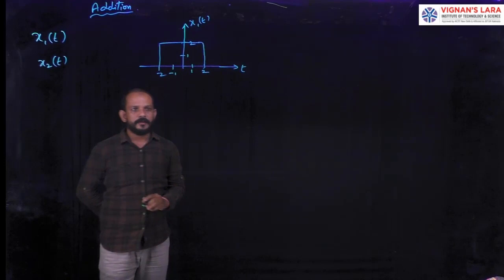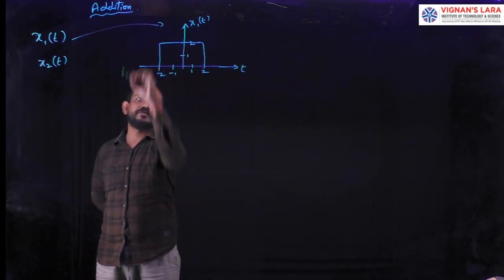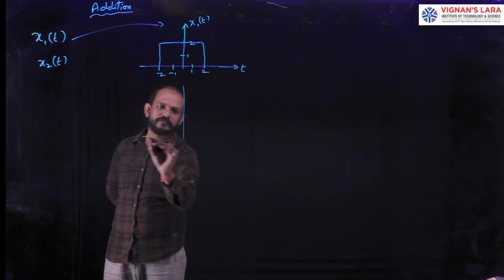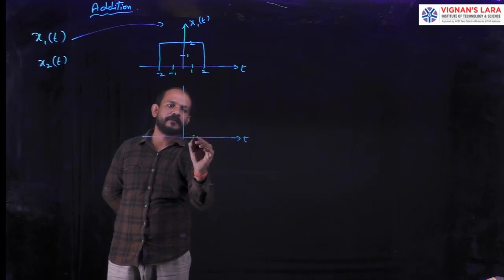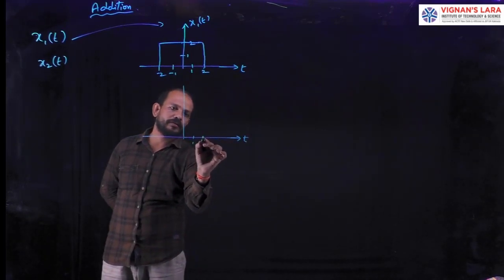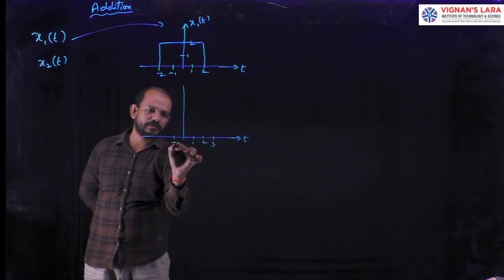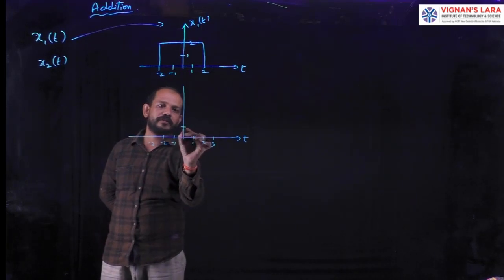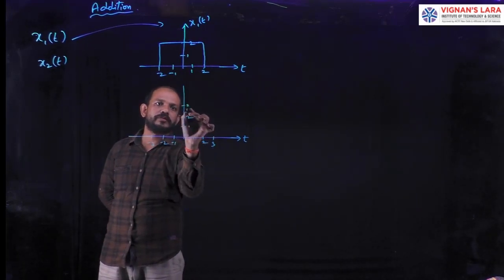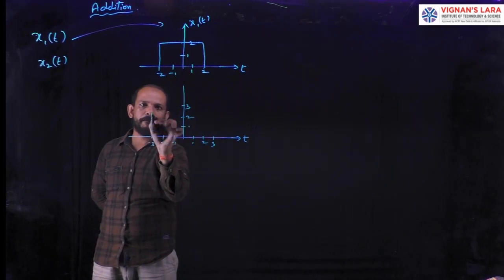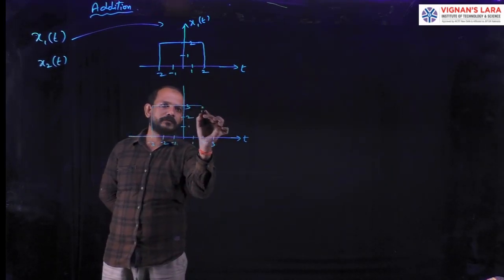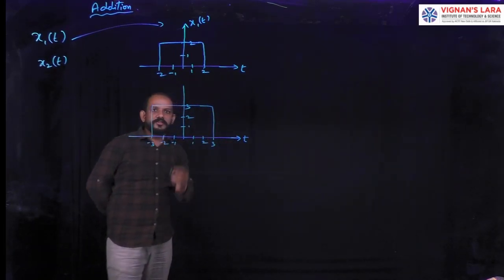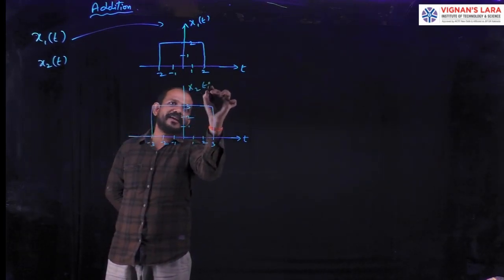This is one signal. In the same way, I have taken another signal, with values 1, 2, 3, -1, -2, -3, 1, 2, 3. This is x2 of t.